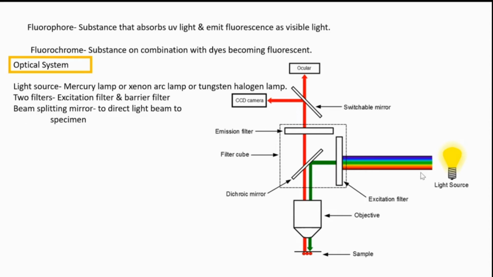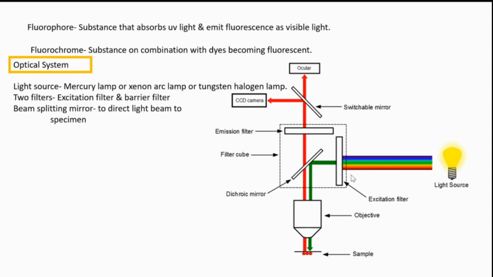And we can see how it is functioning. This is a part of the fluorescent microscope. The UV light is coming this way. Here is the first filter, the excitation filter, about which I have told you here.